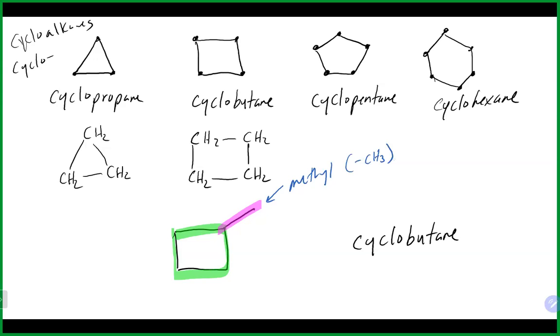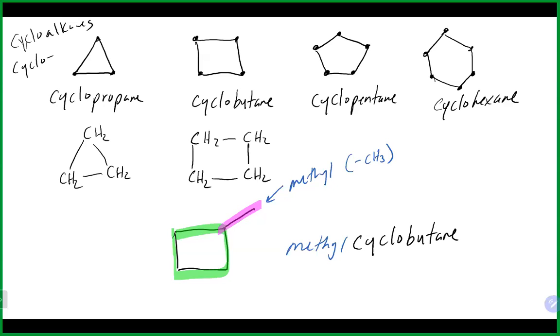Because this is the only group attached to this cycloalkane, we just use the group name in front. We do not need to give a number, because wherever that group is at is assumed to be carbon number 1. So this would be methylcyclobutane. Any questions on that there?